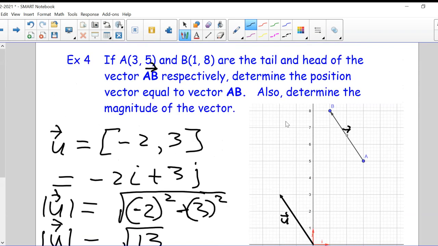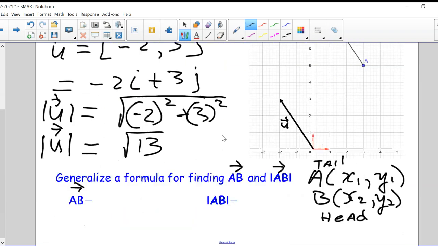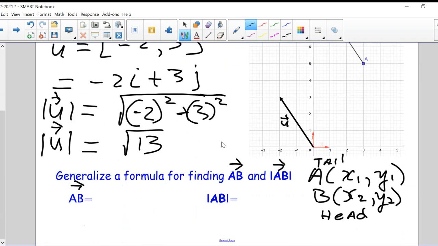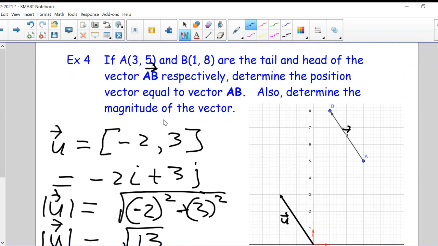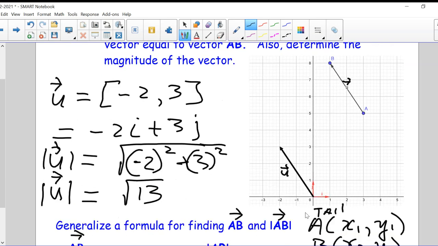So I want you to look at the answer that we got, which was minus 2, 3, for the position vector, and ask yourself, is it tail minus head or head minus tail that we used to get the answer just now? Look at the answer again that we got. It was 3, 5, and 1, 8. We ended up with minus 2, 3, which goes from here up to here.